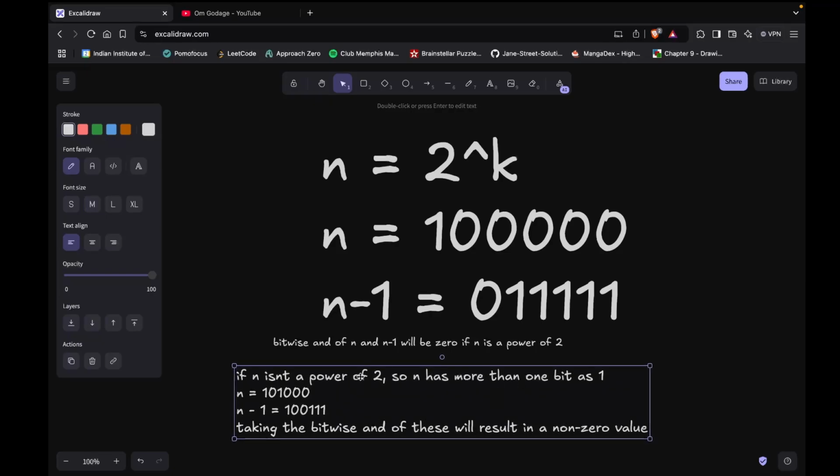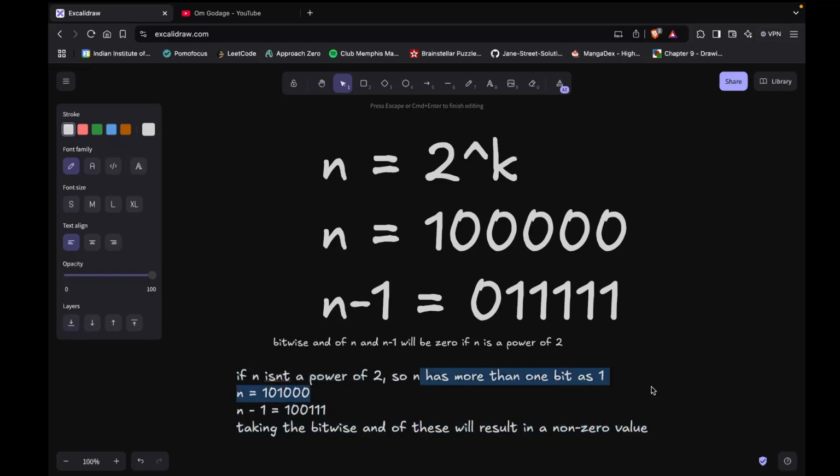Alright, so as long as n has more than 1 bit as 1, when you calculate n minus 1, there will be at least 1 bit which remains unchanged in both the numbers. How do I explain this?